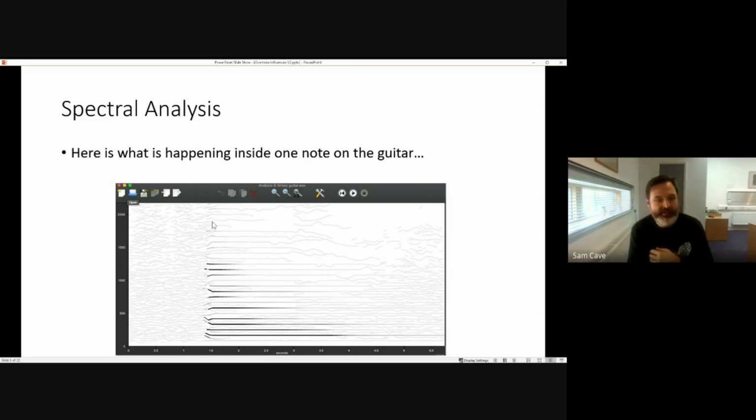This diagram is like a graph. Time is running horizontally, and pitch in hertz is running vertically. These stacked lines are the partials of the overtone series of this low E, and the depth of their color shows how prevalent they are in the sound of the guitar.